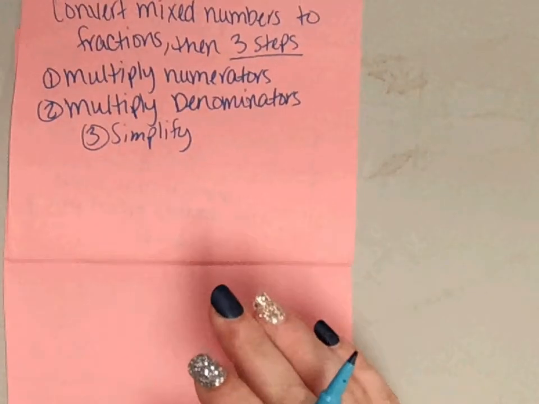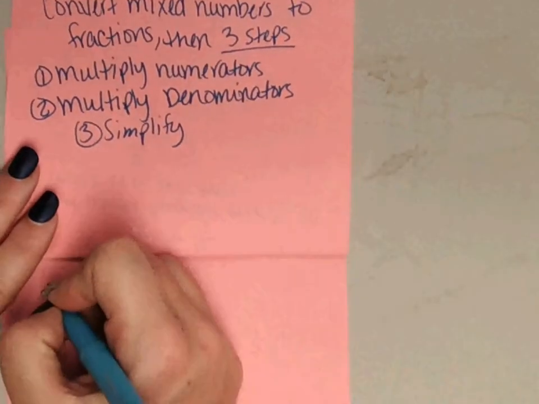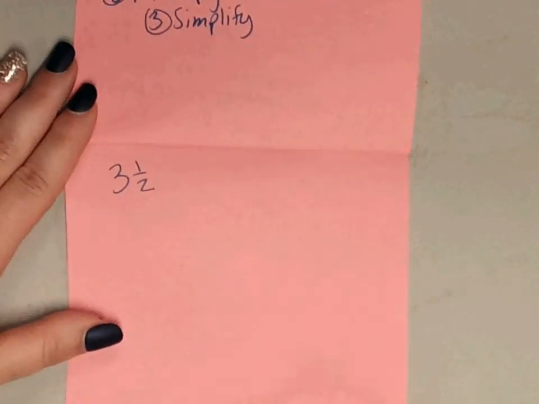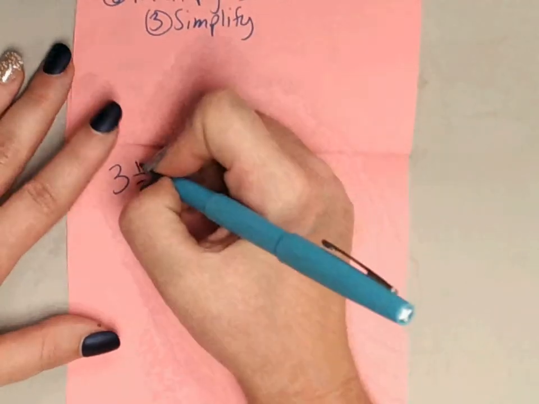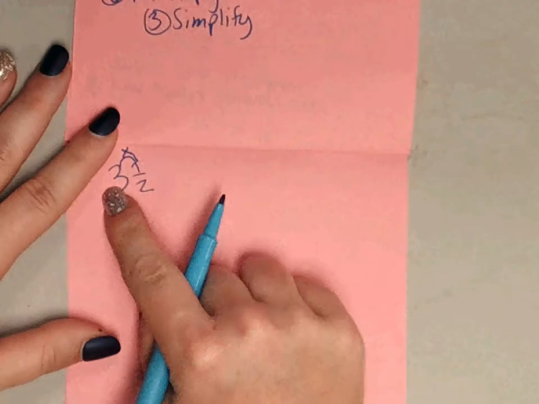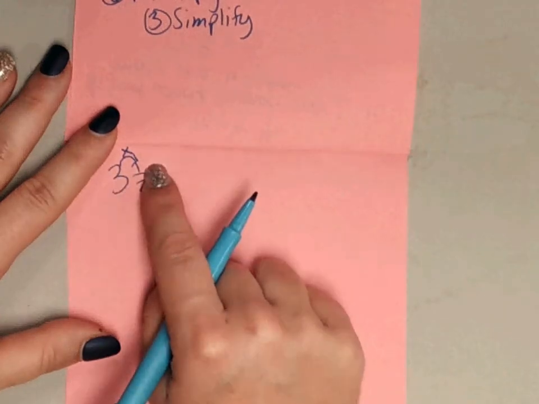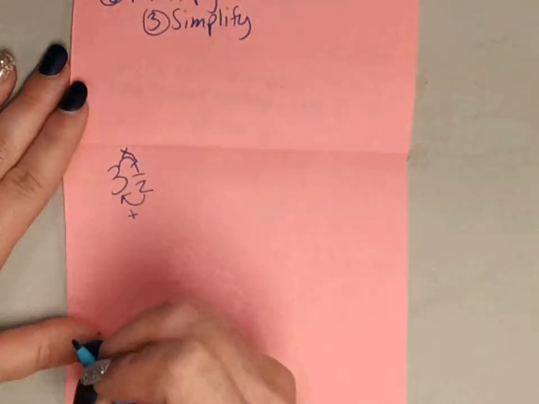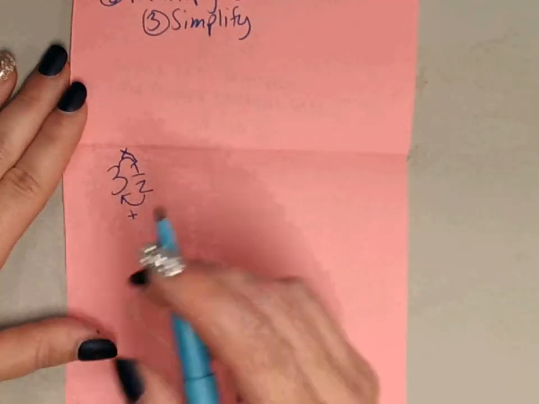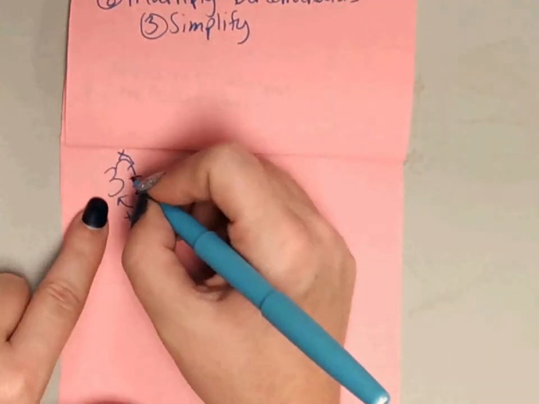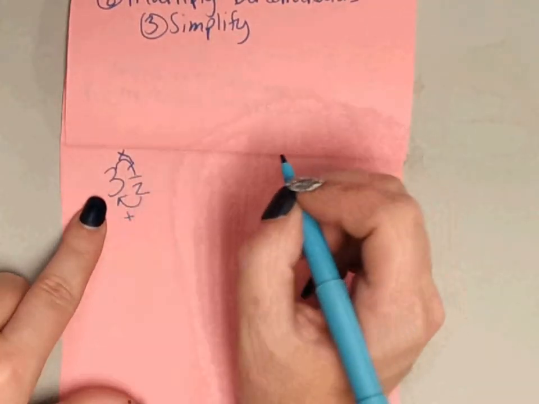So if I give you the mixed number 3 and 1/2, this is where we have to do that walk around Texas. Remember that from before. I just lost my train of thought, I'm so sorry.